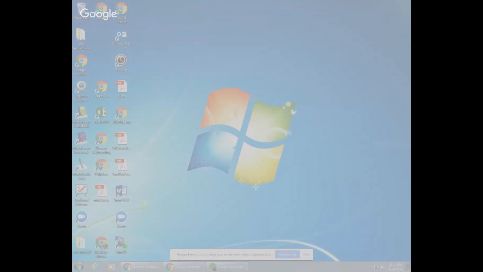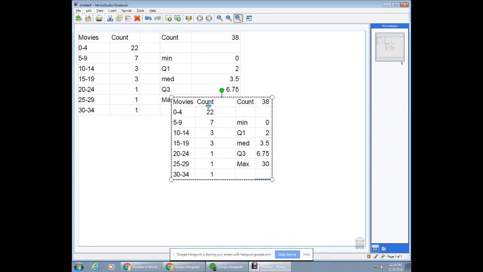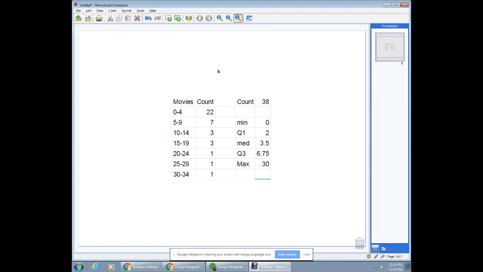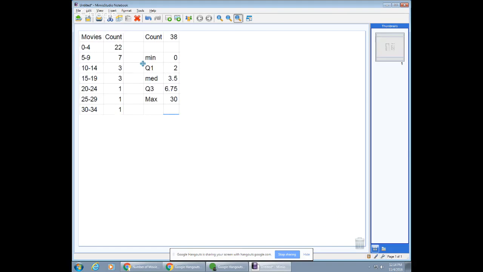Sorry, it'll be right back. There we go, that's better. I needed it to be a little more compact so I can draw.